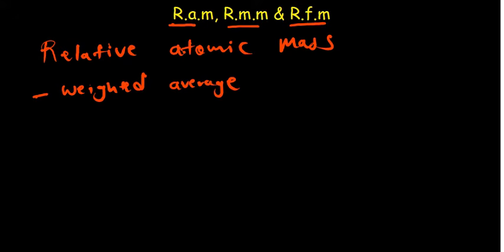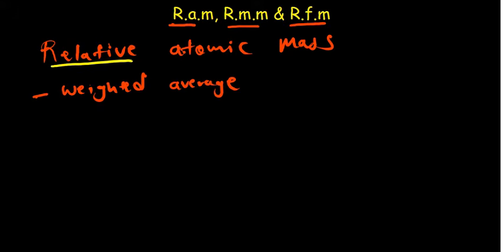So when you find an average of the masses of the isotopes of the element that are occurring naturally, relative to the mass of an atom of a carbon-12 isotope, basically what you get is a relative atomic mass. Relative implies you're comparing against.